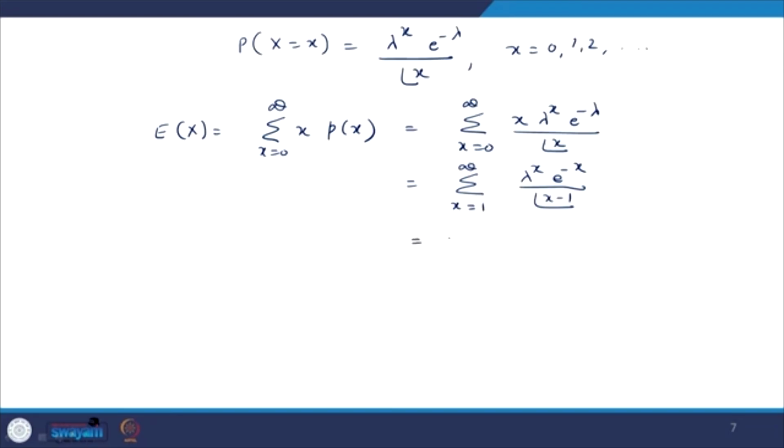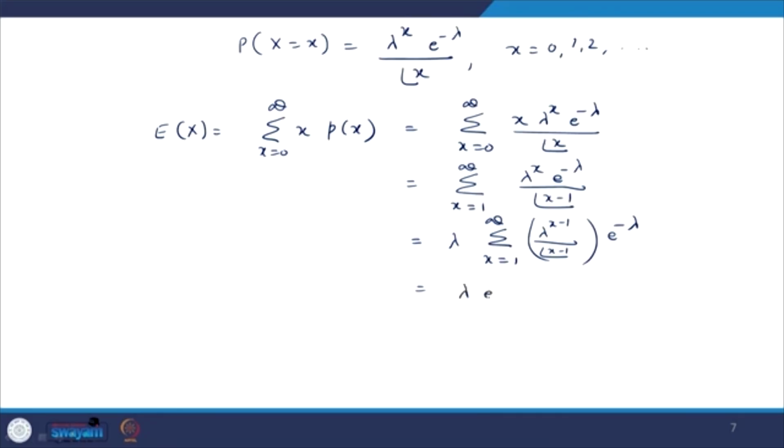Now, you can take one lambda common. So, it is x from 1 to infinity, lambda raised to power x minus 1 upon factorial x minus 1, and e raised to power minus lambda. This e raised to power minus lambda will come out because it is free from x.